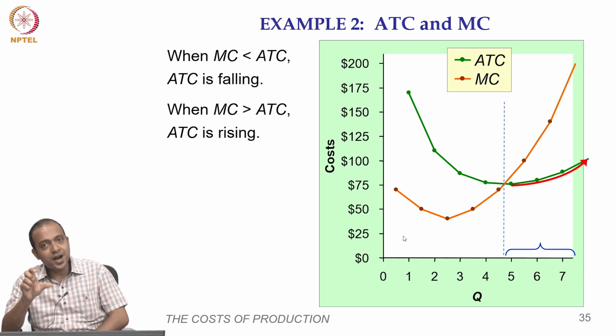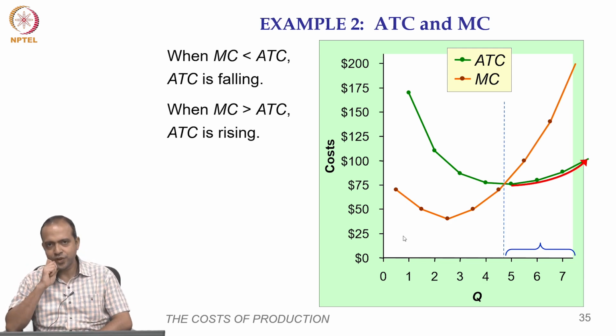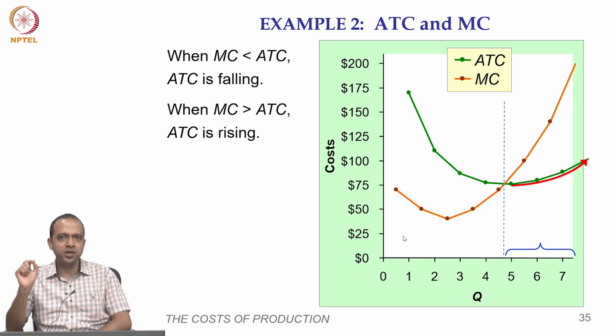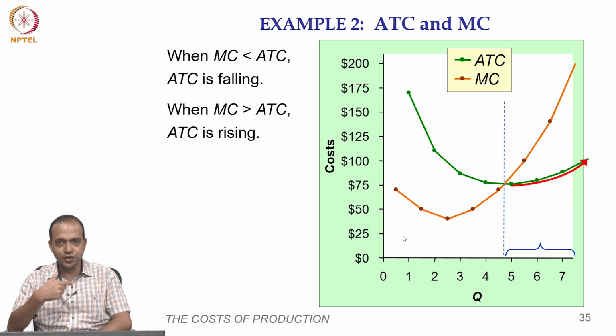You can easily understand this scenario if you compare ATC with your CGPA and MC with your GPA. You all know what GPA and CGPA are. Grade point average is the average grade in a particular semester, and cumulative grade point average is your average grade for all the semesters you have taken previously, including this one.